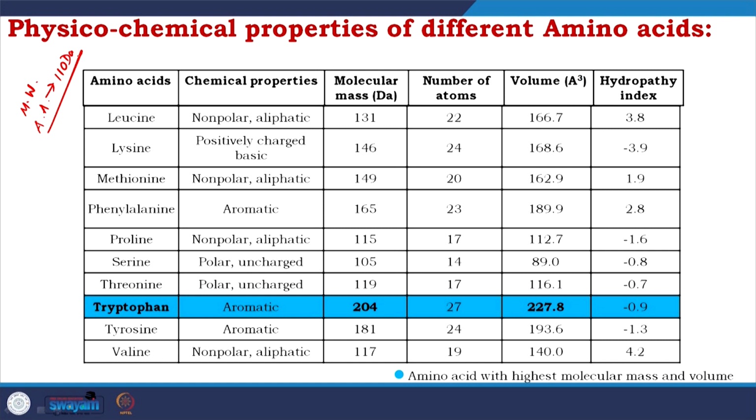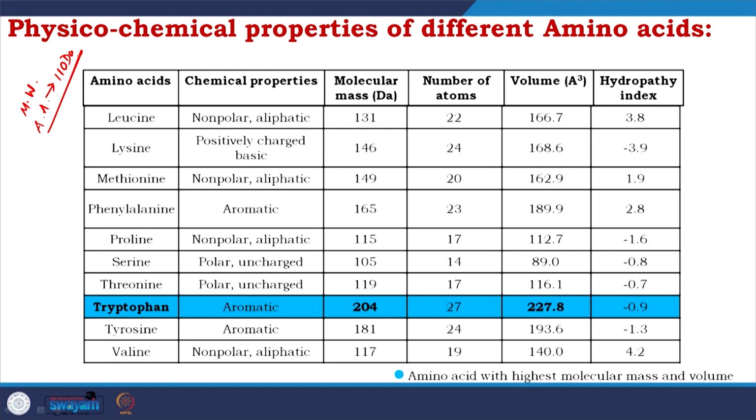For leucine 166.7, lysine 168.6, methionine 162.9, phenylalanine 189.9, proline 112.7, serine 89, threonine 116.1, tryptophan 227.8, tyrosine 193.6, valine 140. As I told, tryptophan is the highest one.